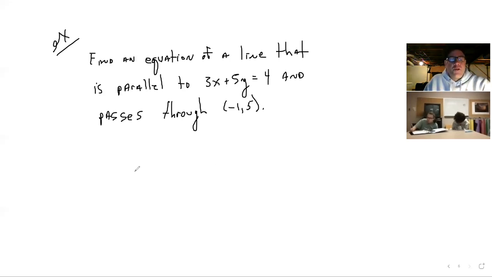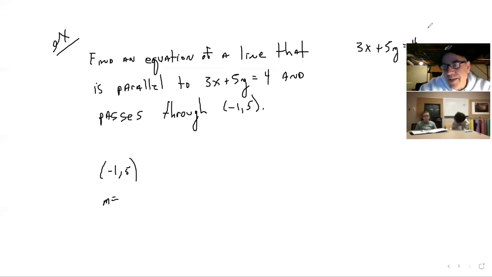Okay, here we're parallel to 3x plus 5y equals 4, which is definitely not vertical or horizontal. So you're going to be using the point slope formula. All the problems will always give you a point that is on the line, at least one. It's just a matter of determining the slope of the line I'm looking for. Since I'm parallel to this line, I just need to find its slope.